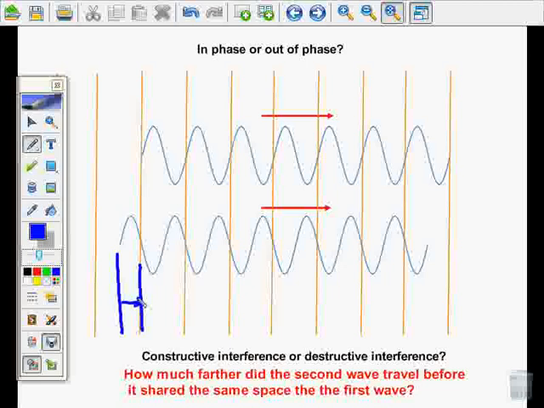So first of all, if I superimpose these waves on top of each other, this wave right here would end up being put on top of this wave right here. Are these waves in phase or out of phase? Say it loud, say it proud, Marissa.